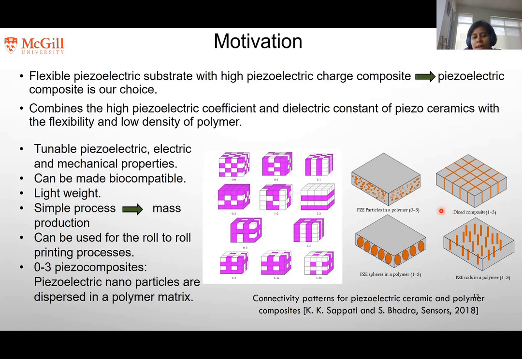The simplest one is the 0-3 configuration. In 0-3, the piezoceramic particles are randomly dispersed in a polymer matrix. Out of all these configurations, 0-3 is the one that can be made very easily.